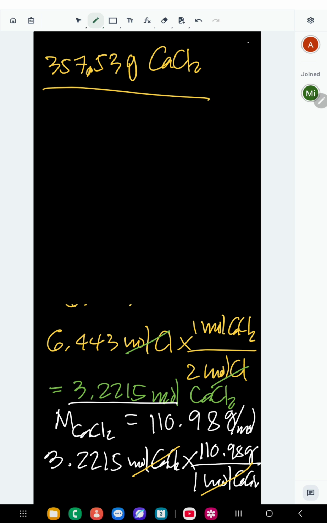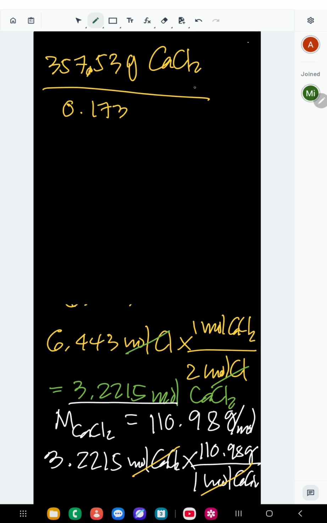We convert that to a fraction, divide by 100. So 17.3 divided by 100, because that's in percent, is 0.173.